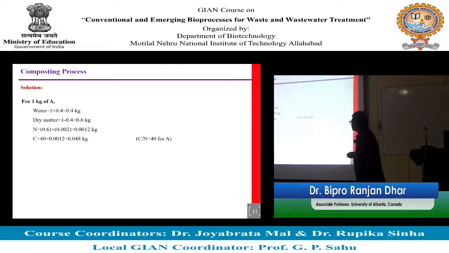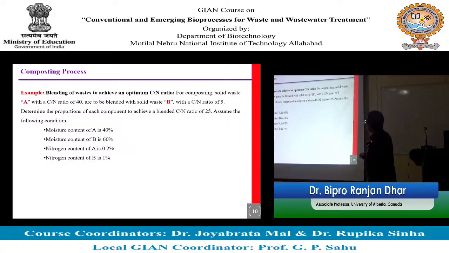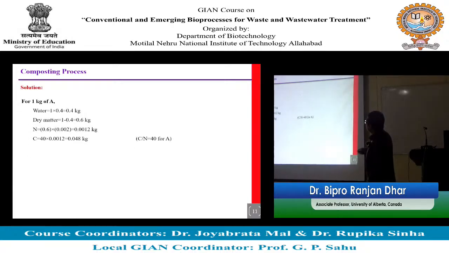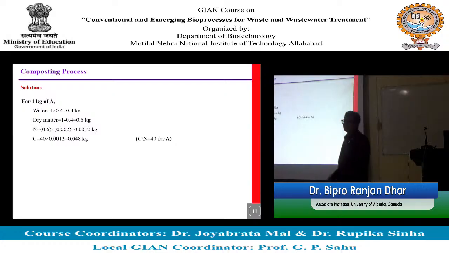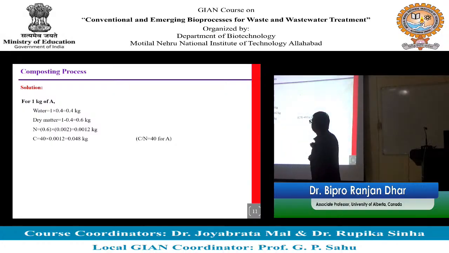And out of the dry weight, nitrogen is 0.2%, which means 0.002, 0.2 divided by 100. So out of that 0.6 kilogram, I have 0.0012 kilogram of nitrogen.